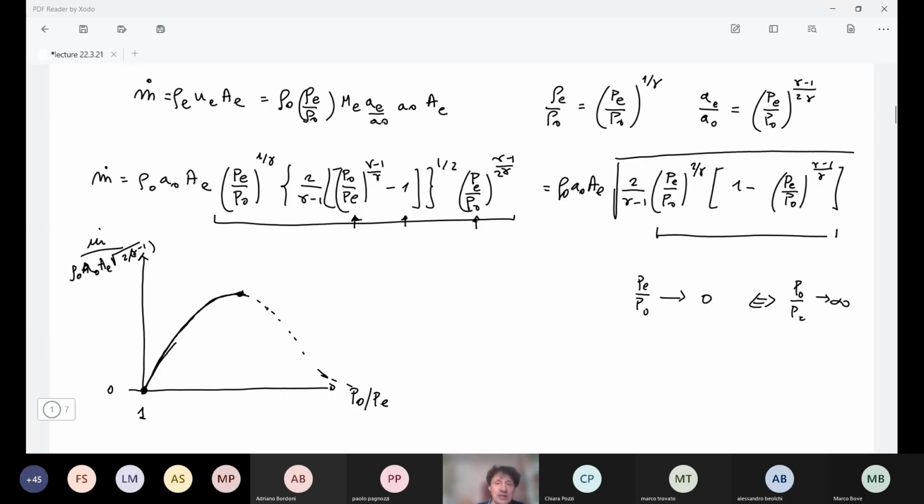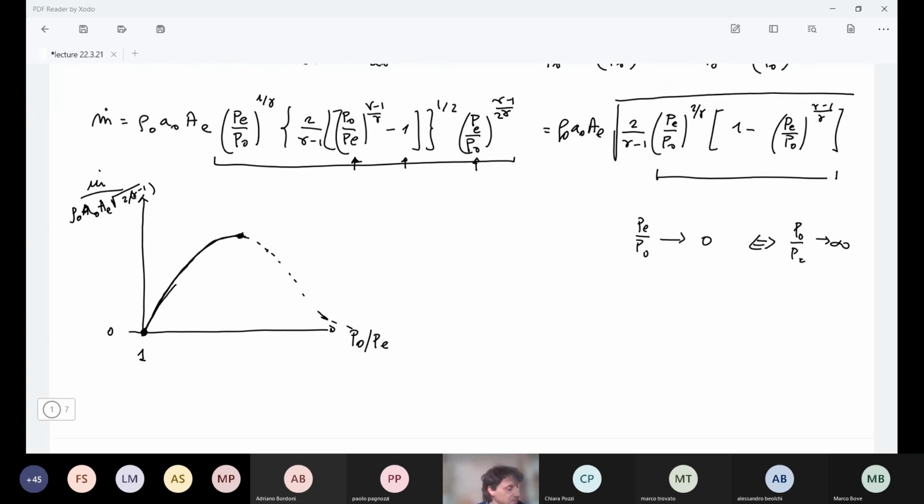Let's say this. We are considering a converging channel with this expression that allows us to identify the mass flow rate based on the exit area, and what we see is that we reach a maximum mass flow rate. This expression is also referred to as the equation of de Saint-Venant.